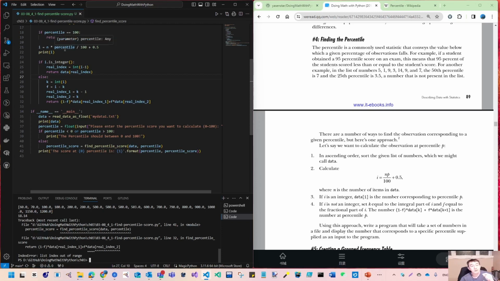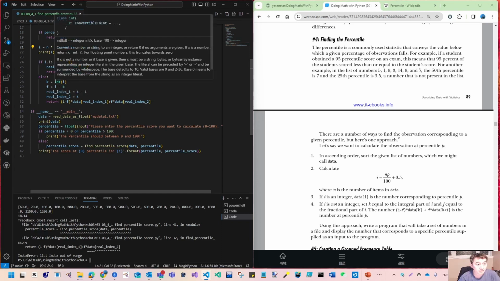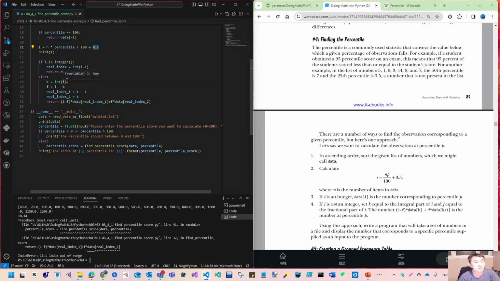If you go to 98% or more, but not reach 100%, plus 0.5 is over the total n. Once it's over the total n, real index 2 is equal to k.